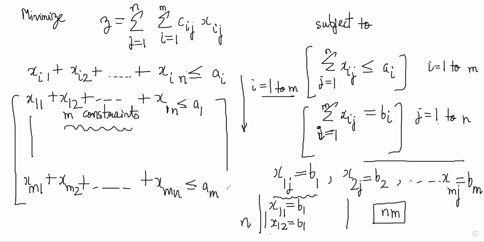This is the set of equations here, and here you have equalities. So all the x1s will be b1, all the x2s will be b2 and so on.